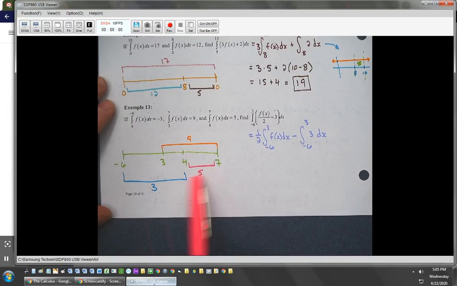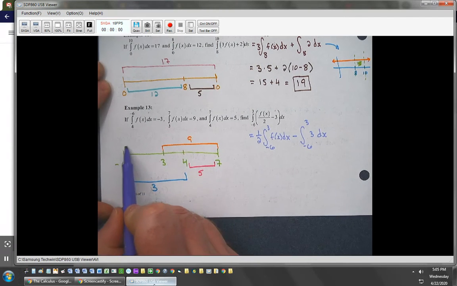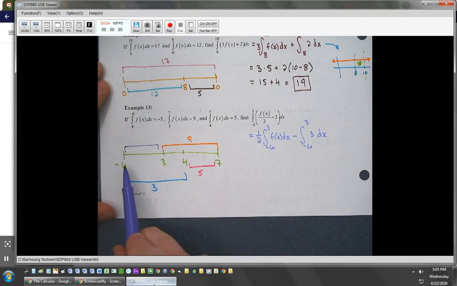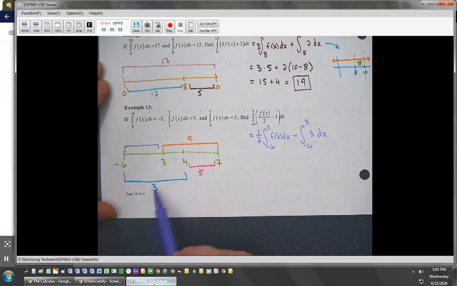So I thought these two should add up to that, but we've got this gap over here. So now, how far apart is it from negative 3 to 6, which is the region that we actually want to find? From negative 6 to 7, according to these two, that has to be a distance of 8. Well, this gap and the orange gap have to also add up to that same number. So what's left? This must be worth negative 1.